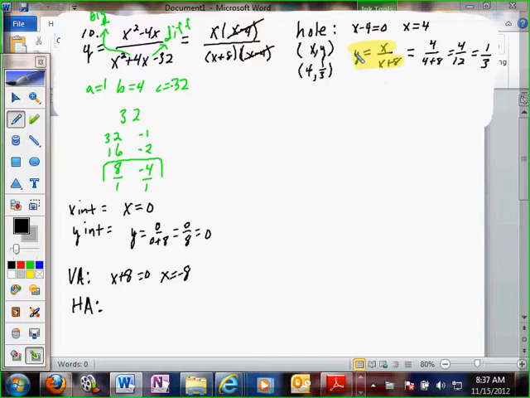If something doesn't cancel, I notice there's a problem in your homework where something does not cancel, but after you factor it, and this is a side note, so this is not part of what we're talking about as a problem, but I want to make sure you understand something.